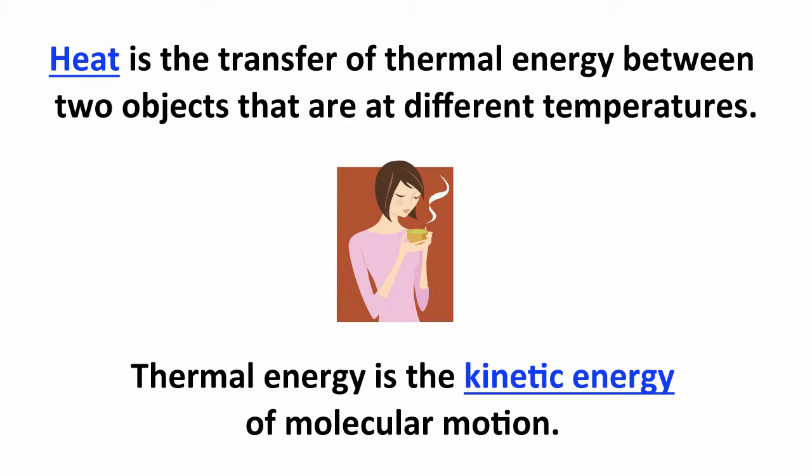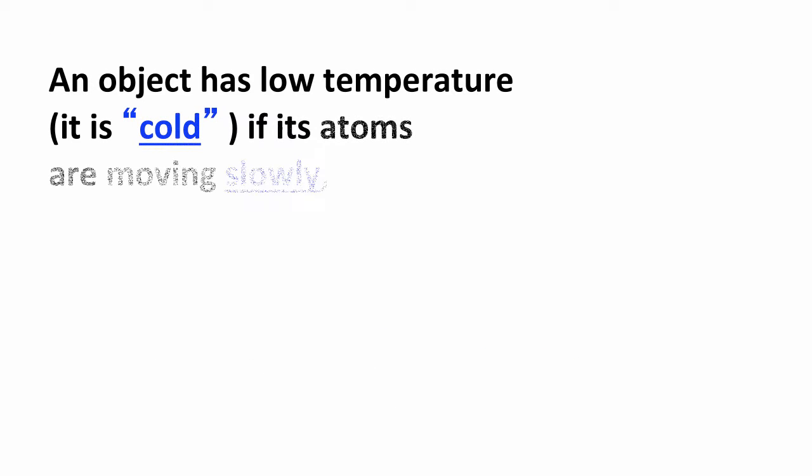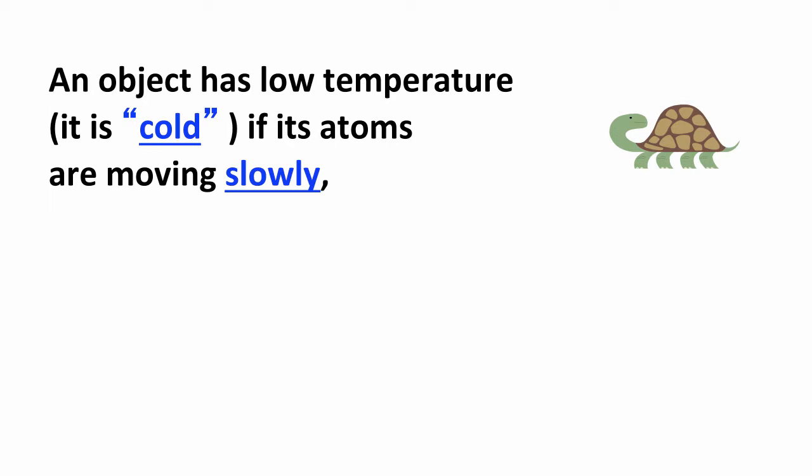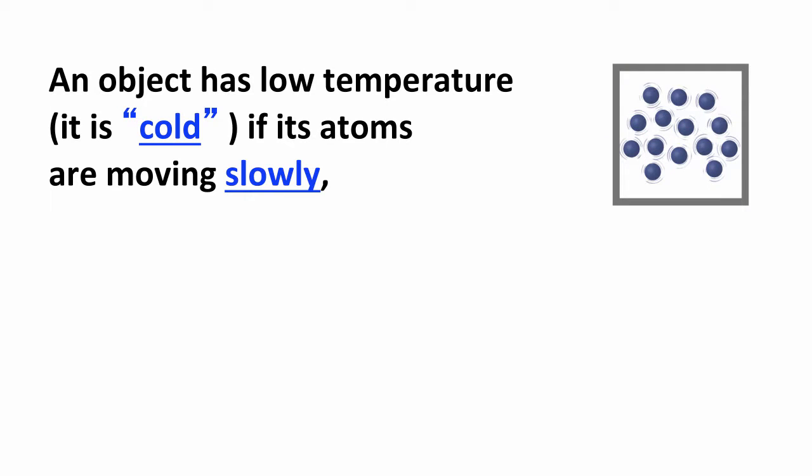Now, thermal energy is actually just the kinetic energy of molecular motion. At a molecular level, molecules move around and have kinetic energy. If the object containing the molecules is cold, then its atoms are moving slowly, and here we have a representation of some atoms or molecules that are not moving very quickly.